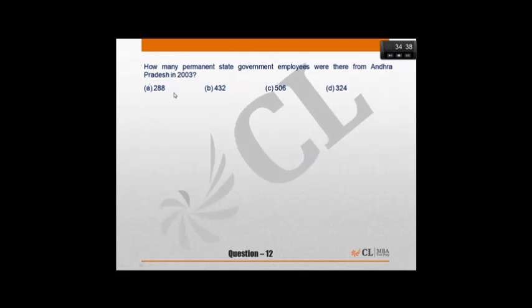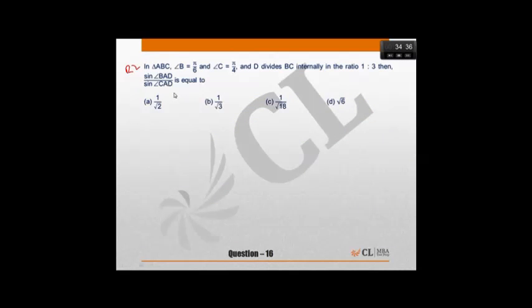We have done this in any case. Okay. In triangle ABC, angle B is pi by 6 and angle C is pi by 4. D divides BC internally in the ratio. So pi by 6 is 30 degrees and pi by 4 is 45 degrees.